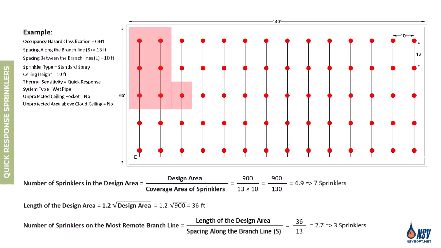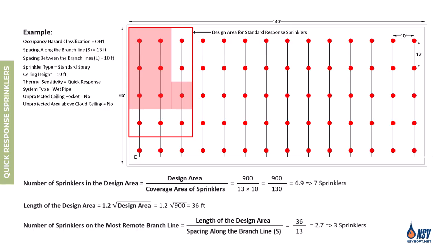When we compare the reduced design area achieved with quick response sprinklers to the standard response design area, we see a clear advantage. Quick response sprinklers activate earlier, helping contain the fire in a smaller area, resulting in less fire damage. This smaller design area also means the sprinkler system requires lower flow rates and pressure, allowing for smaller pipe diameters and a reduced water tank size.